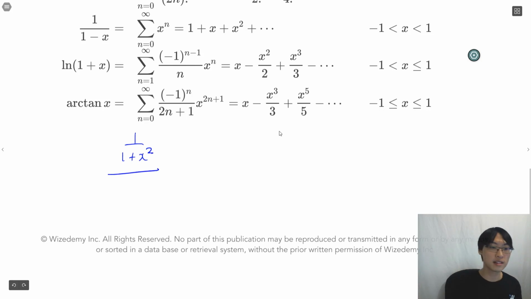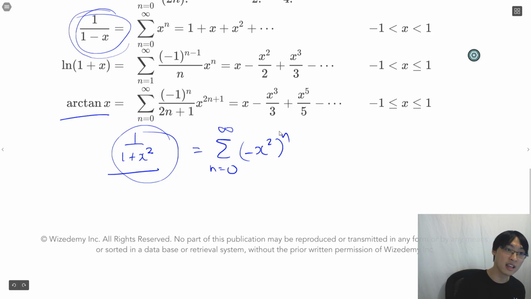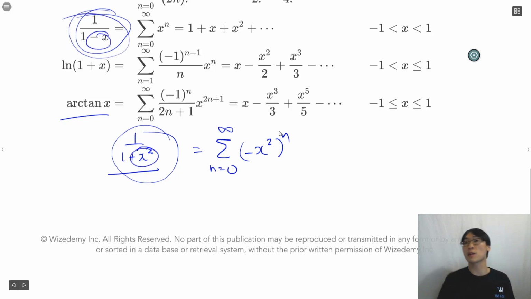This has a power series very similar to the geometric series. In fact, the power series, I'm just going to write it here, is the sum of (minus x squared) to the n from n equals 0 to infinity. You take this Maclaurin series here, modify the minus x part so that it becomes minus x squared instead, and then modify the power series appropriately, which is what you get here.